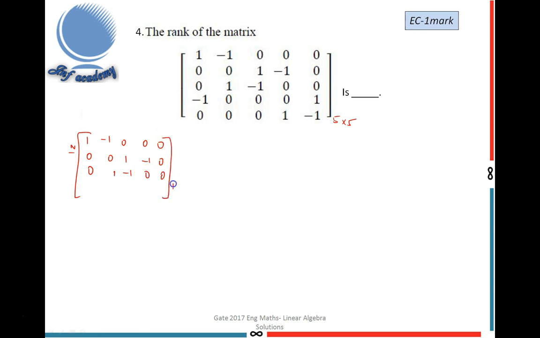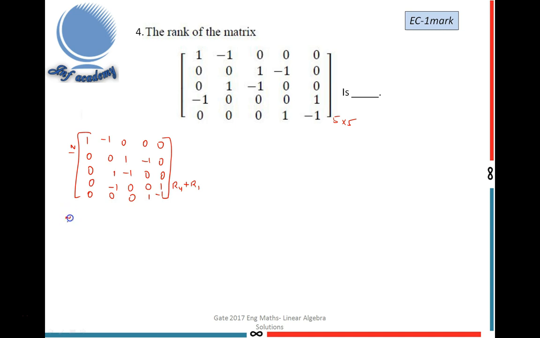For R4, I apply R4 gives R4 plus R1, then only I got this element as 0: 0 minus 1 0 0 1. R5 is the same because this element is 0 only: 0 0 0 1 minus 1.